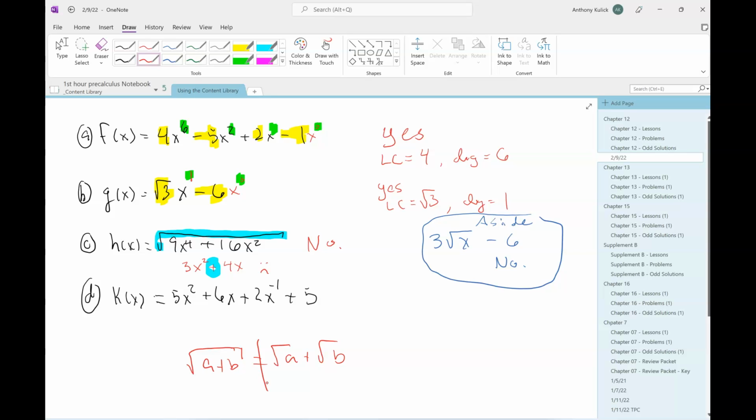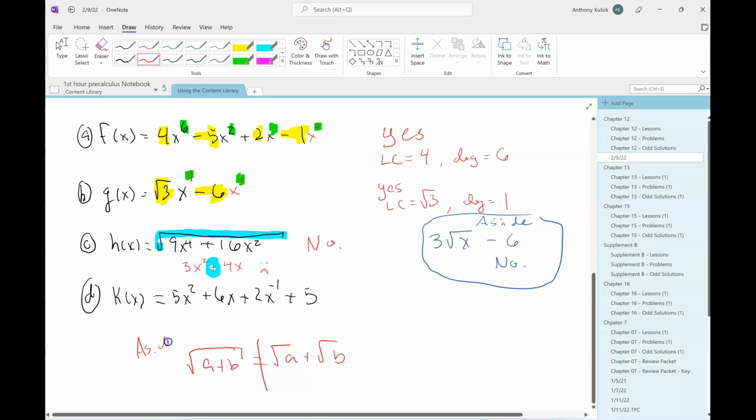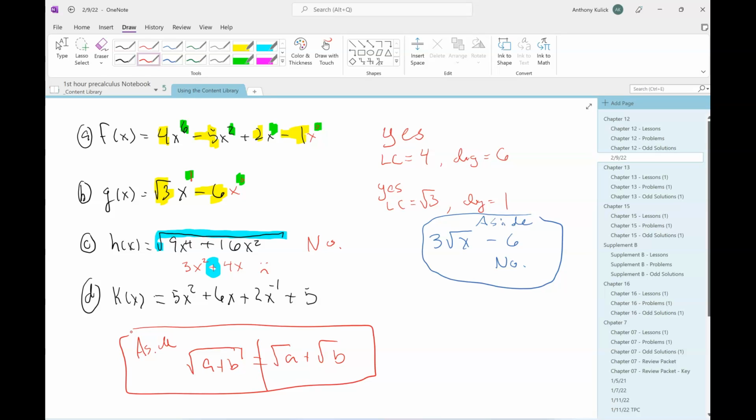So that's, again, just an aside, reviewing some algebra concepts along the way, because these are things I see students frequently make mistakes with. It's very tempting to want to distribute that radical, right? Like Mr. Kulik did, and it's like, what's wrong with that? We distribute things all the time.